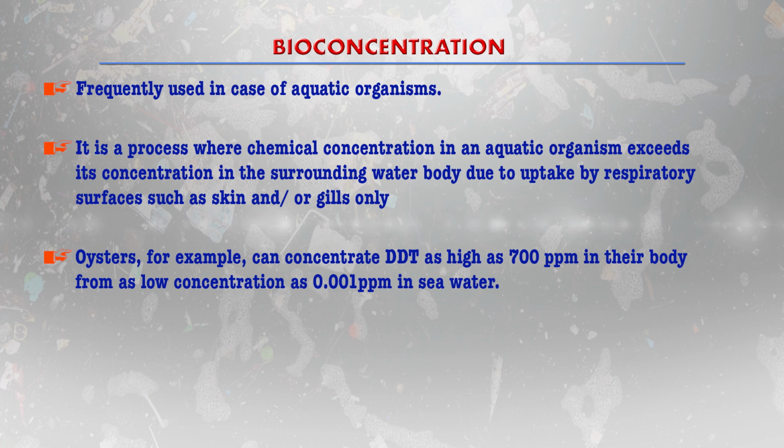For example, oysters can concentrate as much as 700 ppm, parts per million, of DDT in their body from as low a concentration as 0.001 ppm in sea water. You can basically understand how bioconcentration can be toxic.